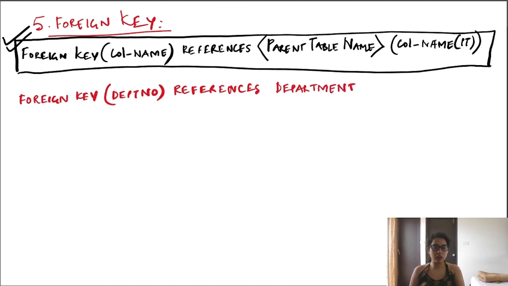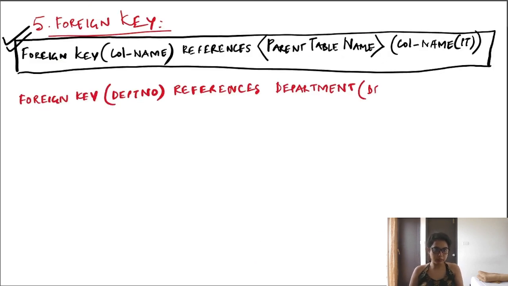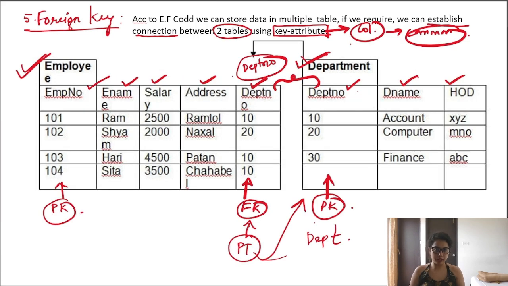And what is the column from which we want to refer? The department number, right? From the department number column only we want to make a reference to the employee table. So this syntax is an example of how you will create a foreign key in one table. For the employee table, my foreign key is department number, which is a reference of the department table, of which column? Department number.